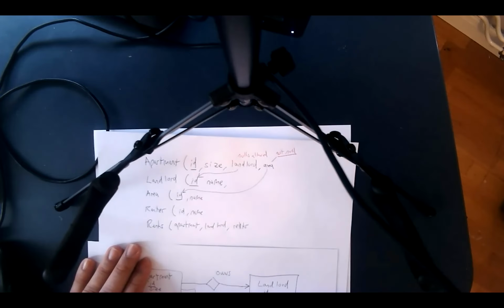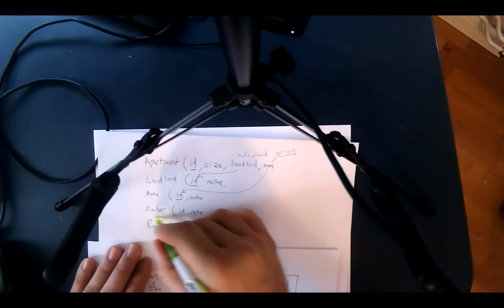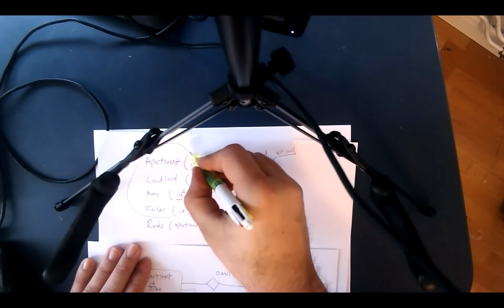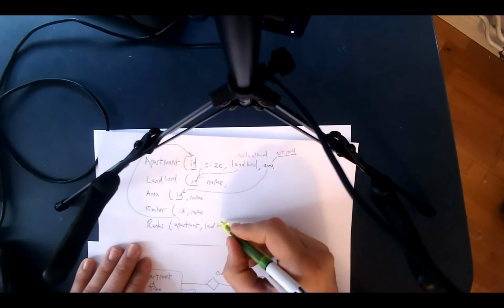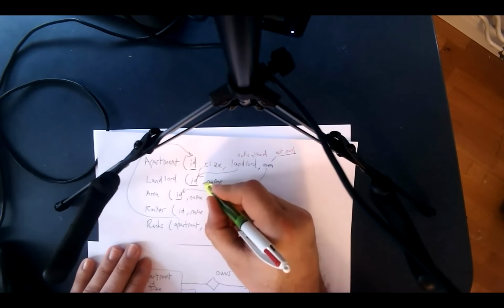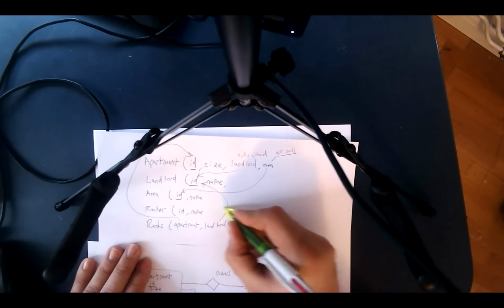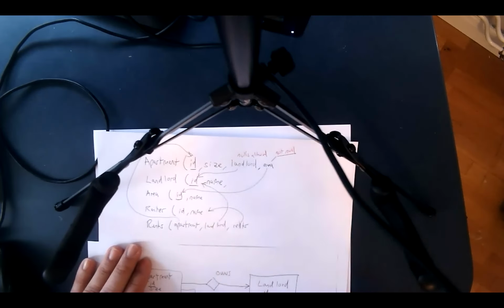And these are all going to be foreign keys: landlord, foreign key, and renter, foreign key. Okay.